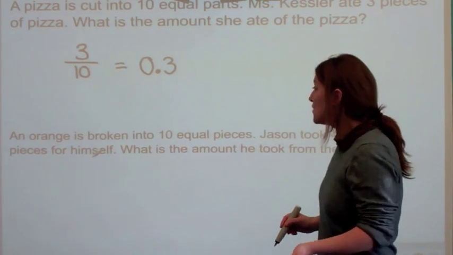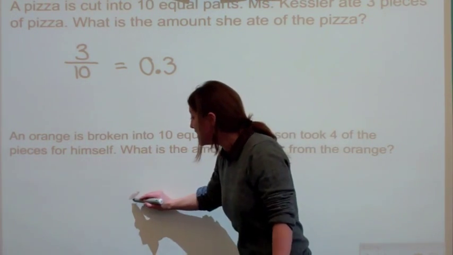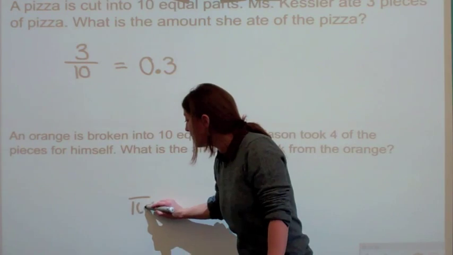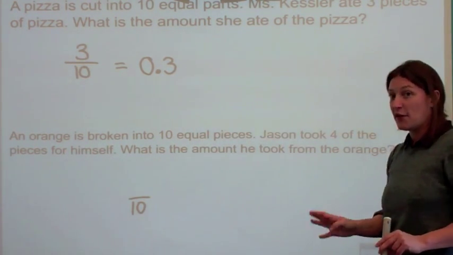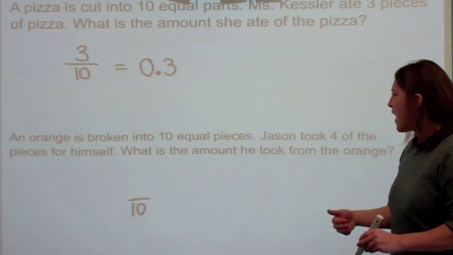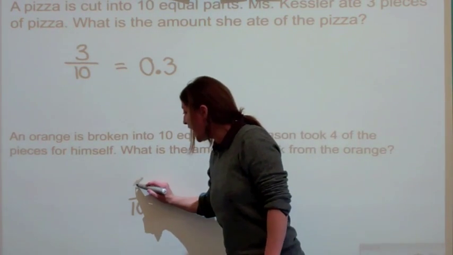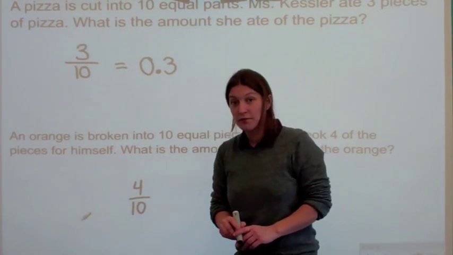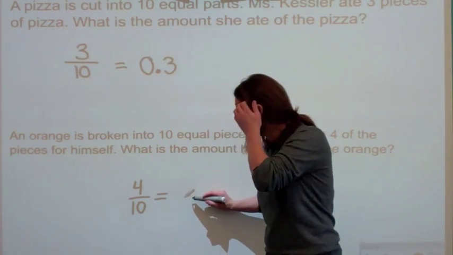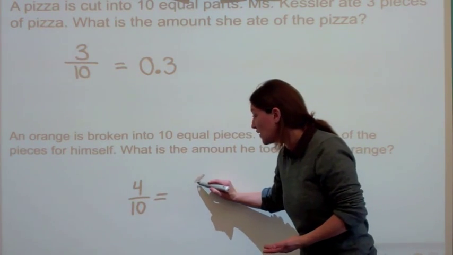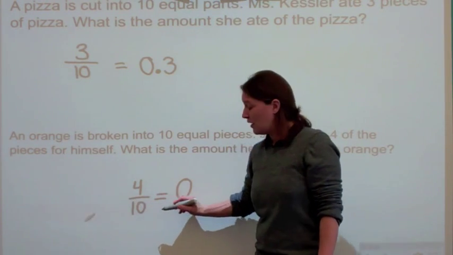An orange is broken into 10 equal pieces. So again, I have my denominator of 10. Jason took 4 of the pieces for himself. What is the amount he took from the orange? He took 4/10 of the orange. Now if I want to represent that as a decimal, again, I have my whole number, and the whole number here is 0 because there is no whole number.